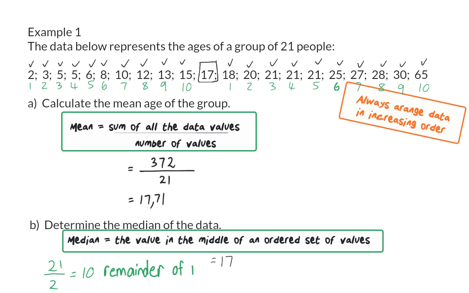Because the median divides the group into two, we can now say that the youngest 50%, or the bottom half of the group, are all younger than 17, and the top or older 50% of the group are all older than 17.